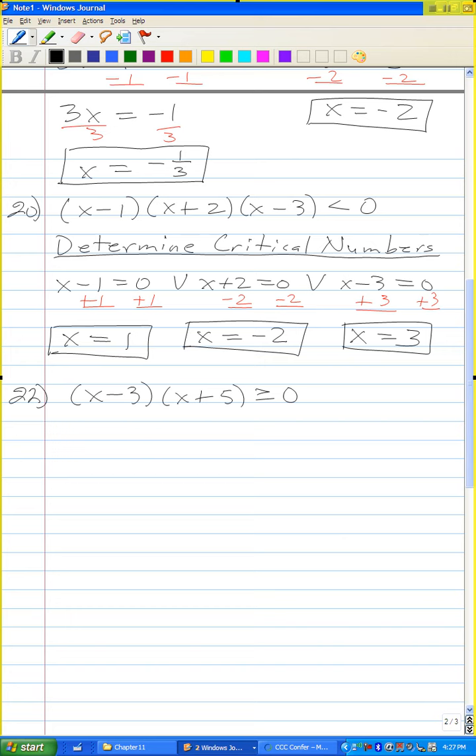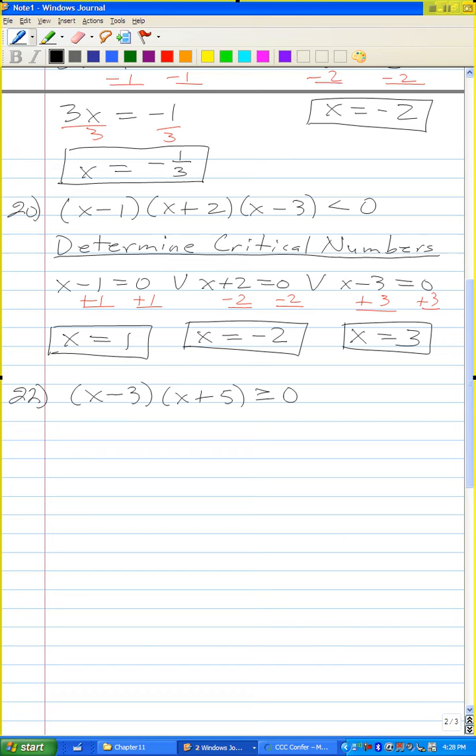The reason to put it into standard form is that the only way the left-hand side of the inequality can change sign is at these critical numbers, when the left-hand side of your inequality is 0. And so we can determine when the inequality is true and false by looking at these critical numbers, and those critical numbers will then subdivide our number line into subintervals.